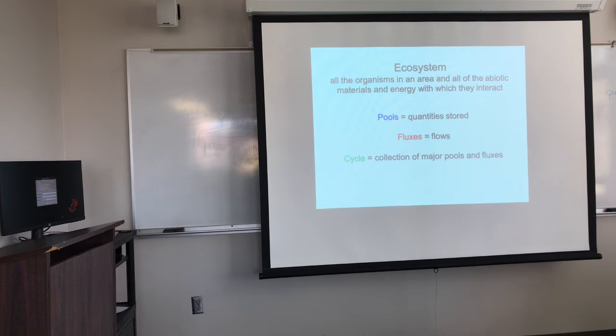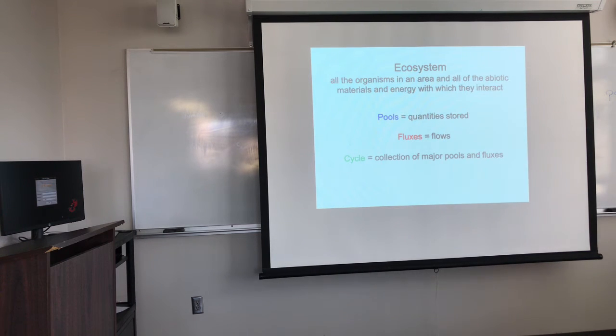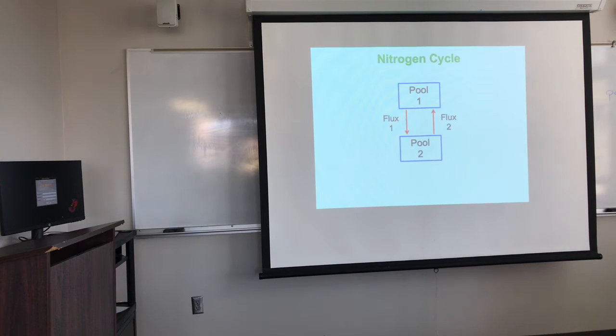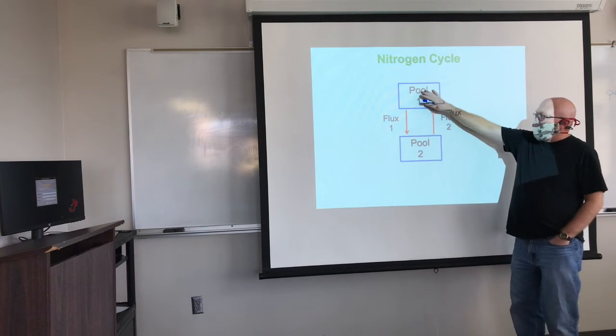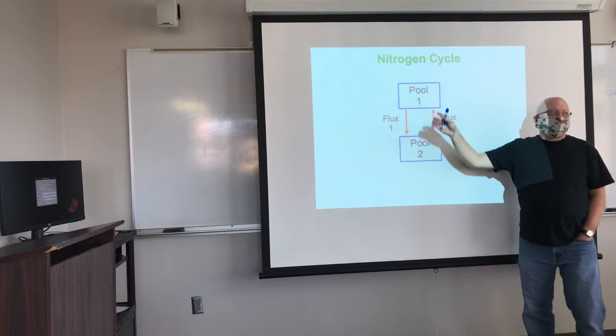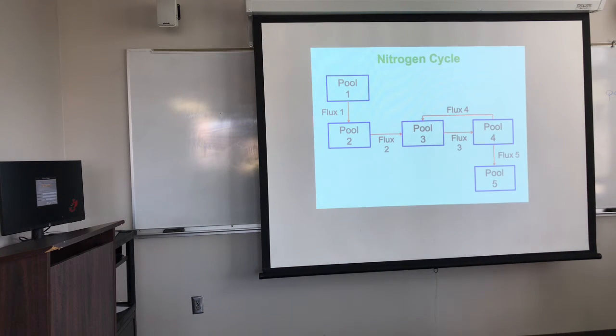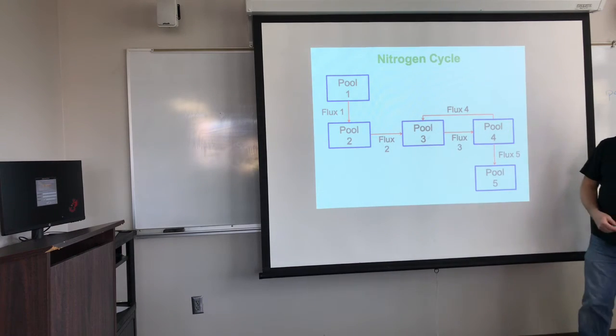And cycles occur when you have nutrients moving from a pool to another pool and then back to that original pool, such that you might have material moving from the atmosphere down into the biota, and then the biota do things with that nutrient, and then they eject that nutrient back into the atmosphere. We can think about more complicated systems where you might have 5 different pools.